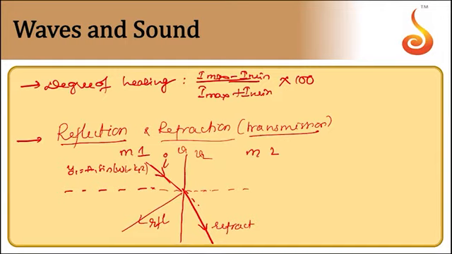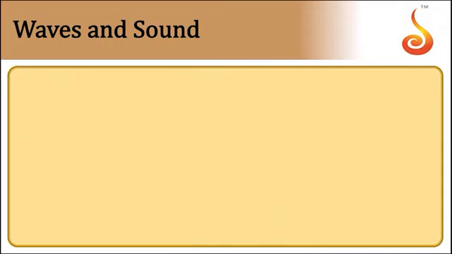And in this case, the amplitude of the incident wave is ai, that of the reflected wave is ar, and the transmitted wave is at. If we call them so, then we can write a couple of important equations here.